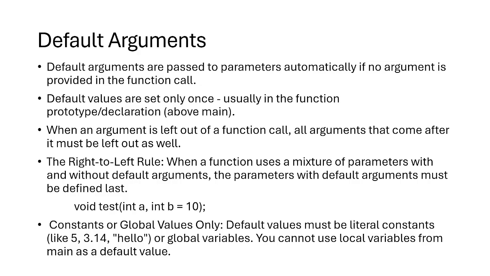And we also explained that while we were doing our simple tutorial right here. So let's look at the third point. When an argument is left out of a function call, all arguments that come after it must be left out as well.